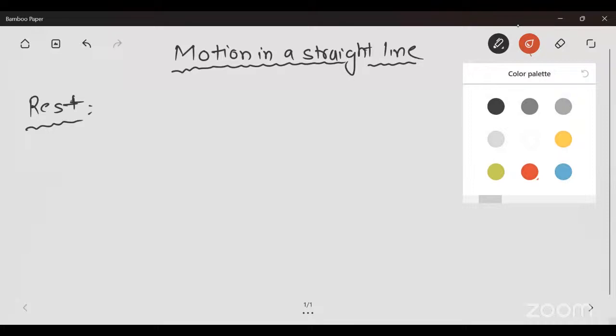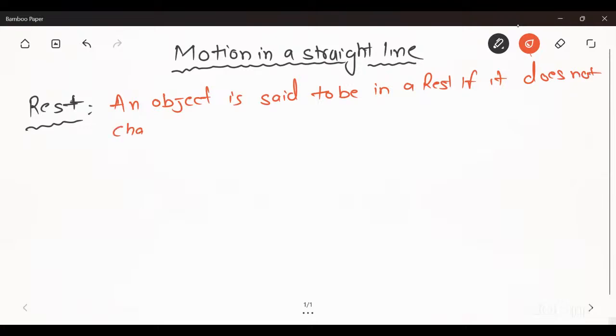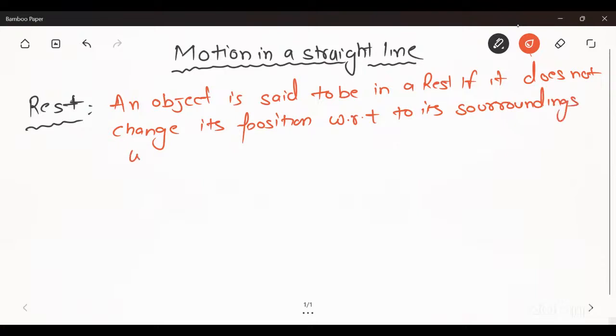An object is said to be at rest if it does not change its position with respect to its surroundings with passage of time.